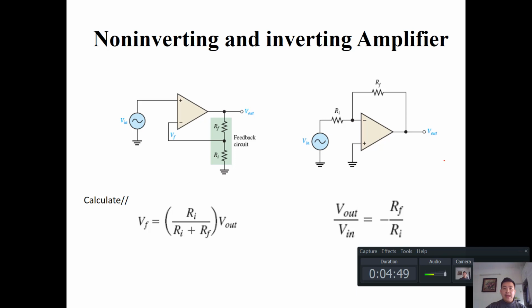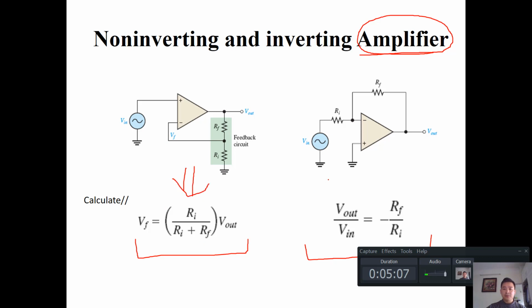With the OA, we have two kinds of amplifiers. The first one is the non-inverting circuit, and the second one is the inverting circuit. With each circuit, we can easily derive its formula.